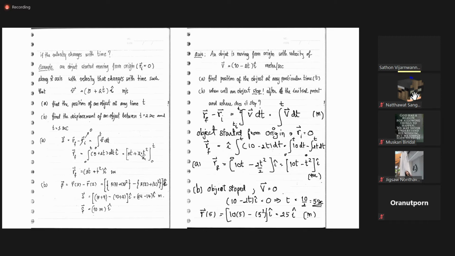So the object moves along the x-axis, slows down, and then stops 5 seconds after the initial point. At that point, it is 25 meters from origin. So how many of you worked it and got the same result as the solution? Yes.